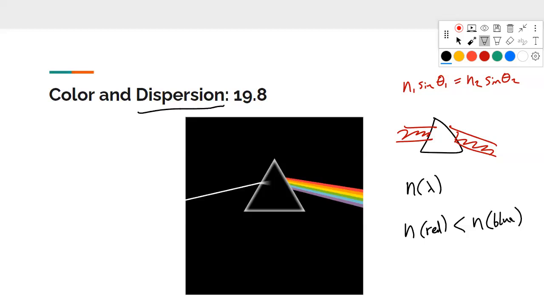So dispersion is this idea that the index of refraction is a function of the color of light, or the wavelength. Okay. And remember, I'm speaking about all of this in the context of light because chapter 19 is about optics, but we can do the same thing with sound. We can do the same thing with water waves. Anytime we think about a change in the material that a wave is traveling through. So when sound travels through the air and then has to pass through one of these seats and changes material, in that change of material we have refraction.